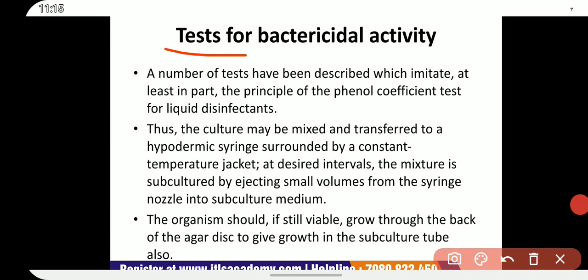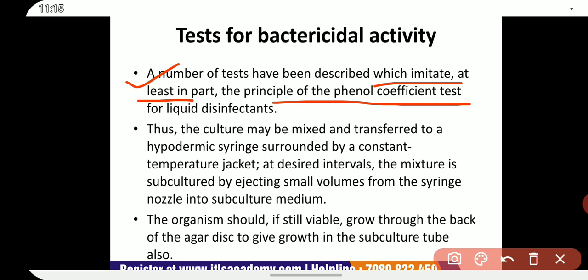Test for bactericidal activity. A number of tests have been described which imitate, at least in part, the principle of the phenol coefficient test for liquid disinfectants.